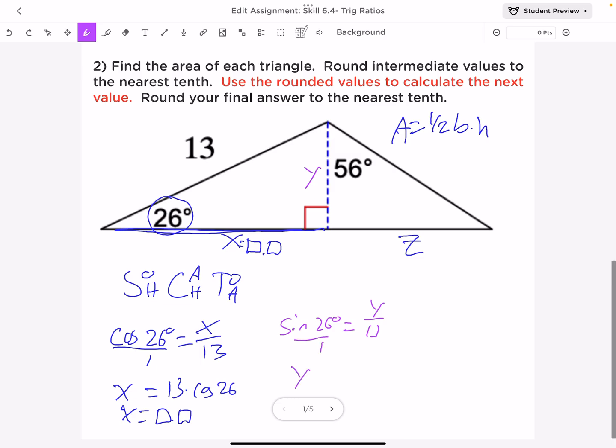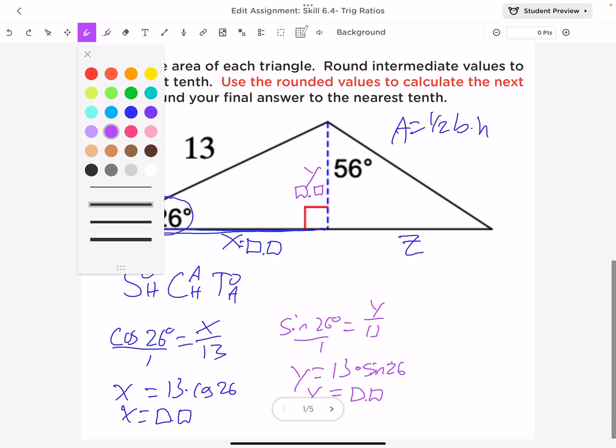Same thing, y is equal to 13 times sine, not cosine, sine of 26. And you calculate it to get some value.